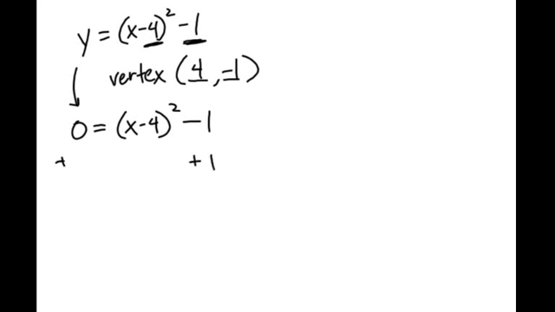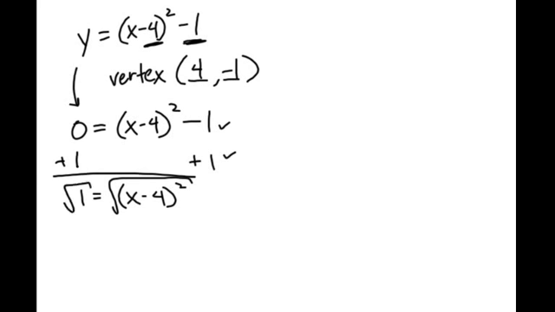Add 1, add 1. I've got a square on the right side. I have a perfect square. So I take the square root, and I get plus or minus 1 equals x minus 4. Got to continue solving.